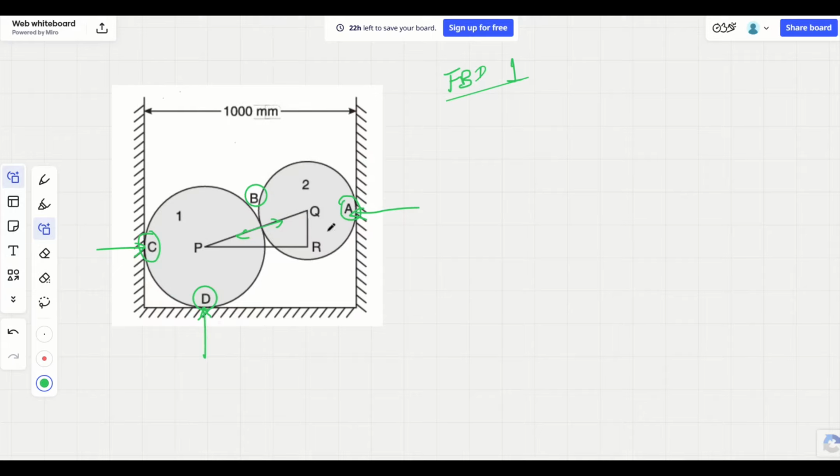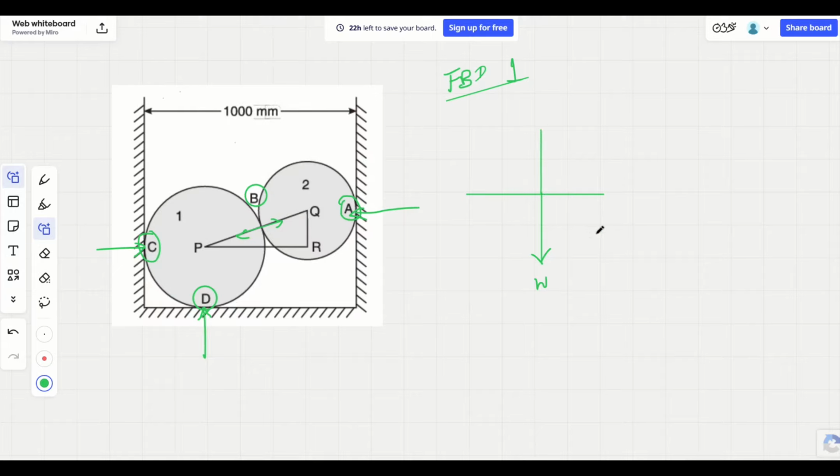The sphere's weight is acting downward, that is W. I will just make a quadrant first, so that it will be easier for me to draw.